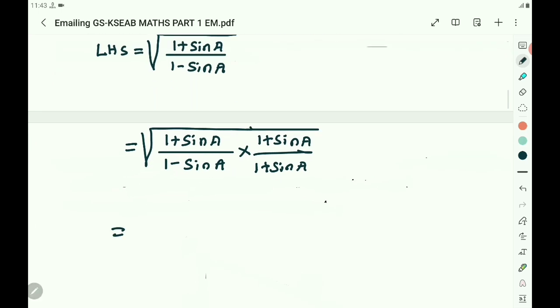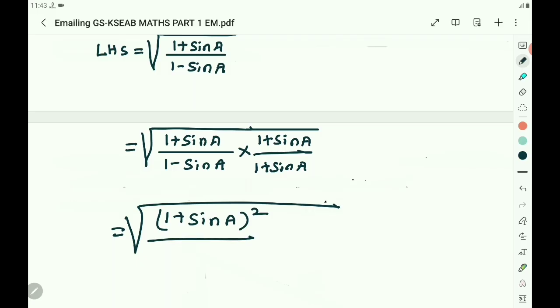Then you write whole root 1 plus sin A into 1 plus sin A is 1 plus sin A whole square, by 1 minus sin A into 1 plus sin A.